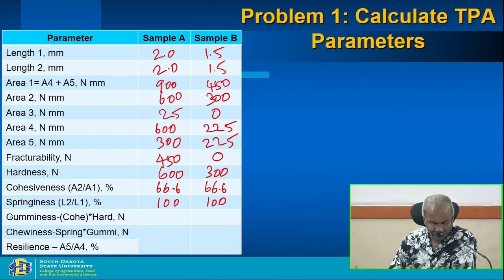Gumminess is cohesiveness times the hardness. Cohesiveness this much. Hardness is this much.